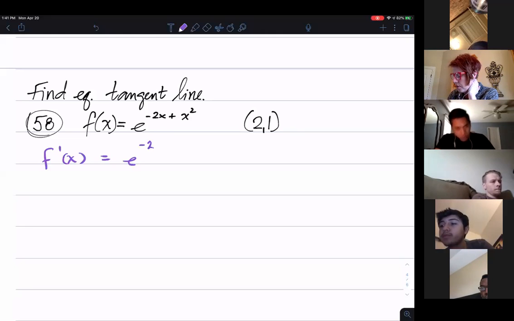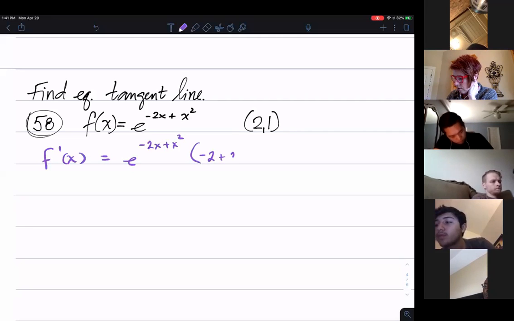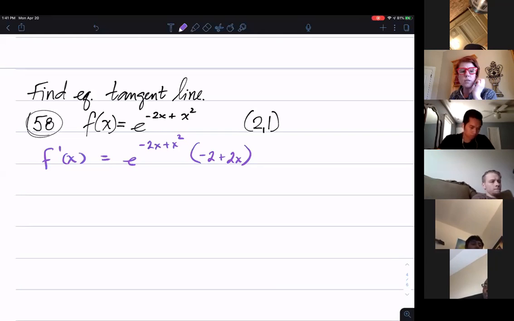So e to the negative 2x plus x squared power, there's the copy, times negative 2 plus 2x. So this is my generic derivative.